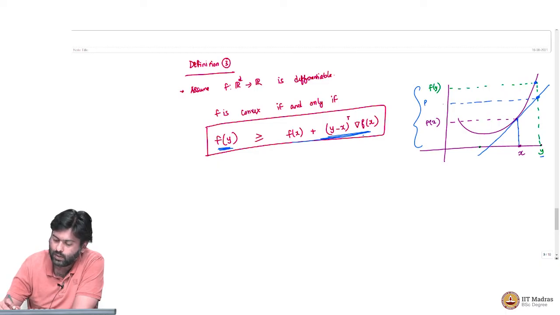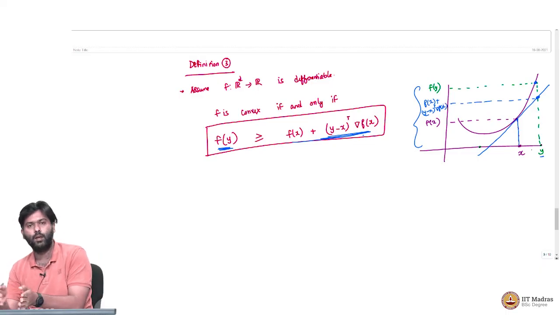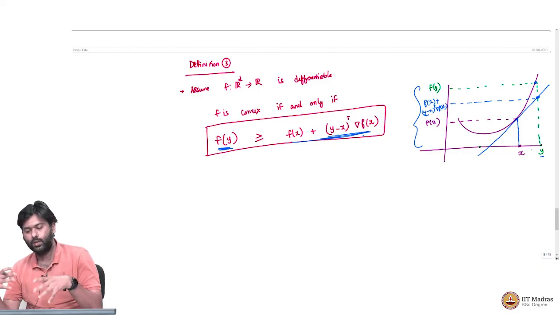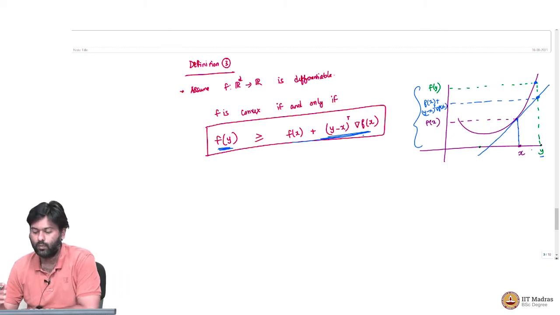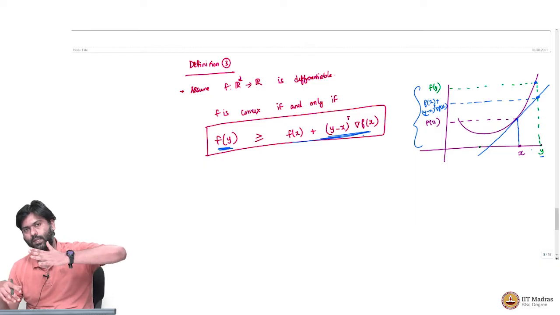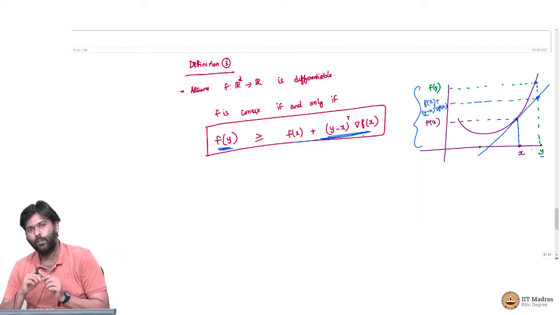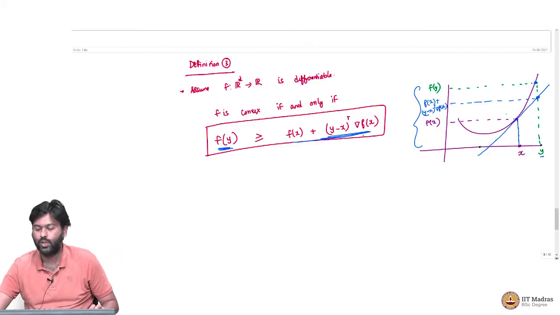So, this is f of x plus y minus x transpose del f of x. Of course, there is no transpose in one dimension, but this is a general thing. Your x could be in R^d in general, which means that instead of a line, you are going to think of this as a hyperplane that supports the function at this particular point. That is what it means.